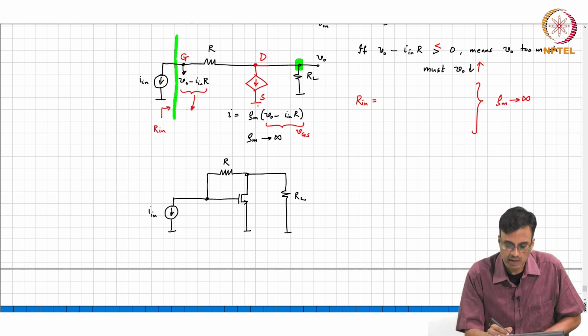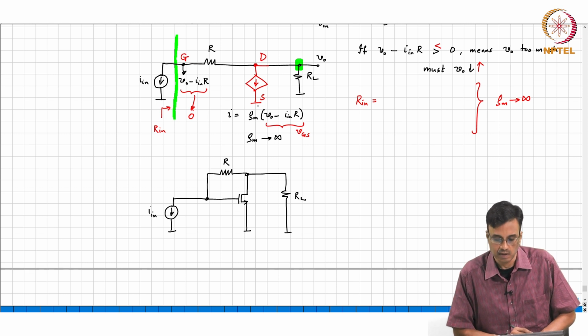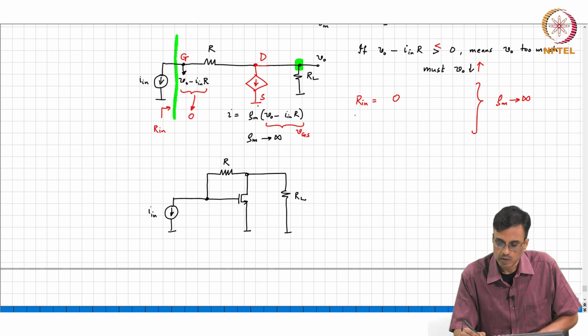As Gm tends to infinity, this potential will be 0, and clearly you can see that, regardless of the value of In, the voltage at the input of the current controlled voltage source is 0, right. So regardless of how much current you pull in or push in to the CCVS, the voltage is 0. What does that mean? So it looks like a short circuit. So what is Rin? 0. Okay. All right. What comment can we make about R out?